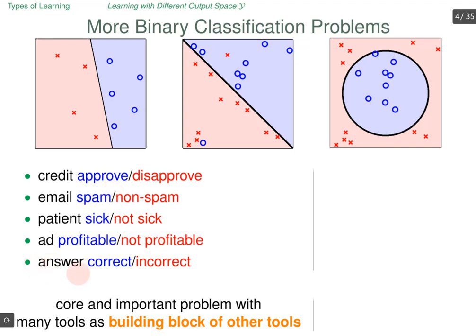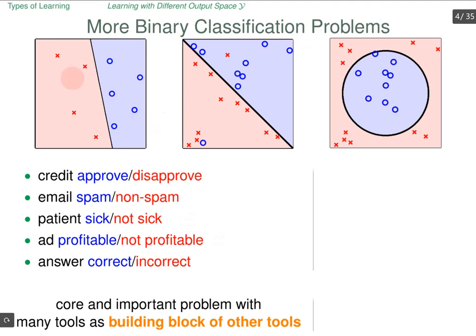We may also have a bunch of student answers to some exam problems or quizzes, and we can train a learning algorithm to automatically check these answers and identify correctness or incorrectness. Well, binary classification is considered a core and important problem in machine learning, and many of the tools were initially formulated for binary classification problems.